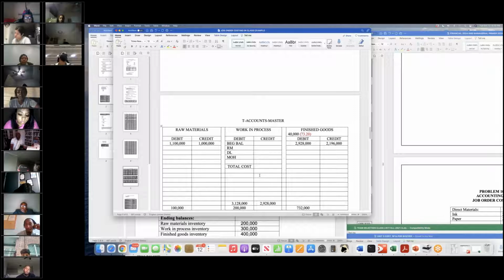Okay, so I use cost of goods manufactured. So costs manufactured are completed. And then you have your ending balance.